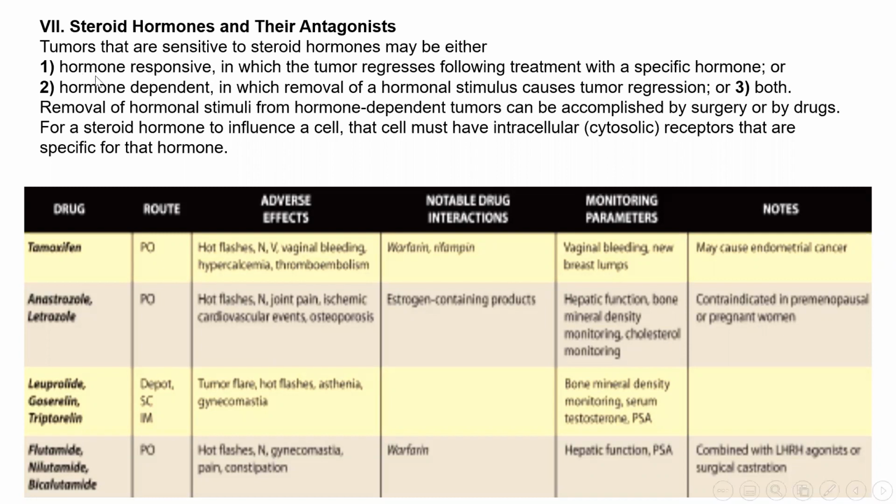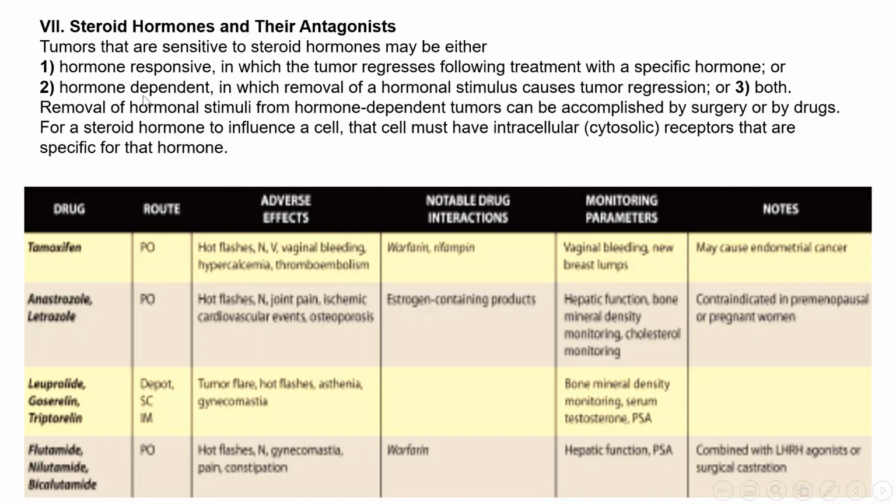The first kind of tumors is called hormone responsive, and these tumors regress in the presence of the hormonal therapy. So if we give the patient certain hormones, these hormones cause tumor regression.